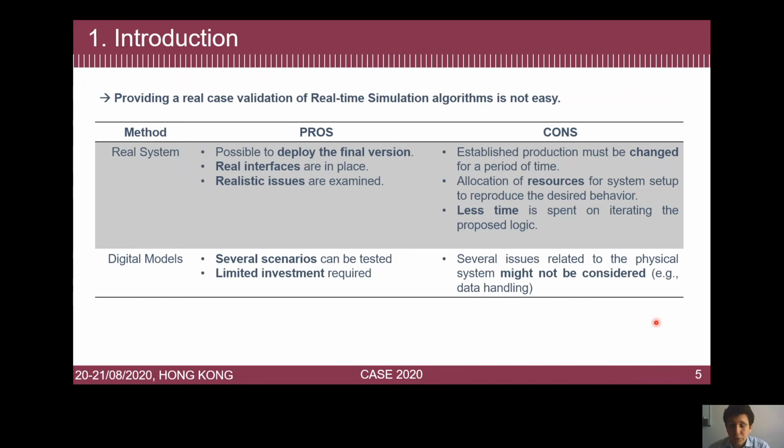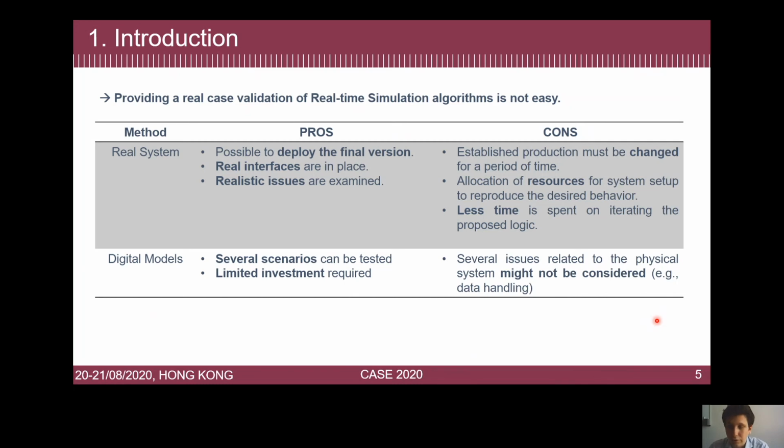Real-time simulation approaches can be tested either on real systems, or coupled with digital models of the system. Usually, if we implement the test on a real system, it is possible to implement directly the final version of the algorithm, and we can experience the real interfaces of the system.